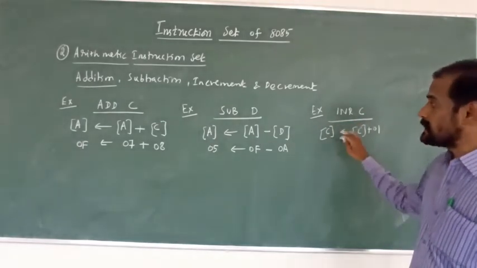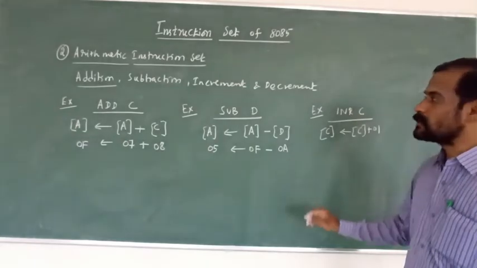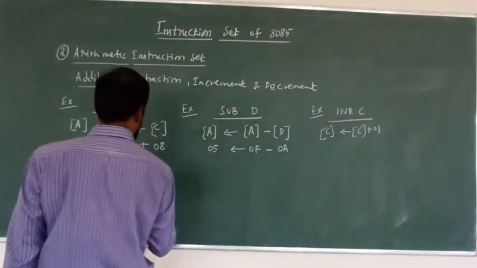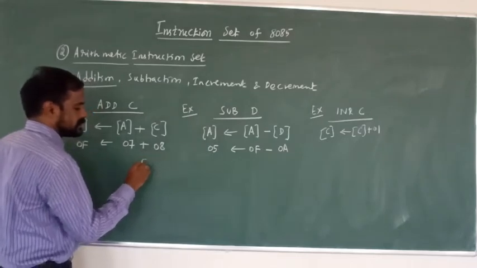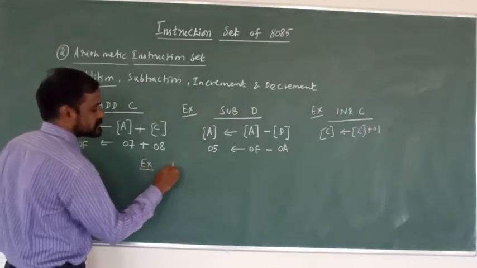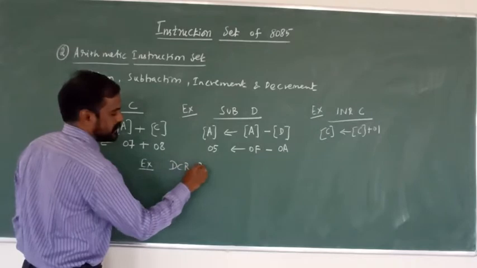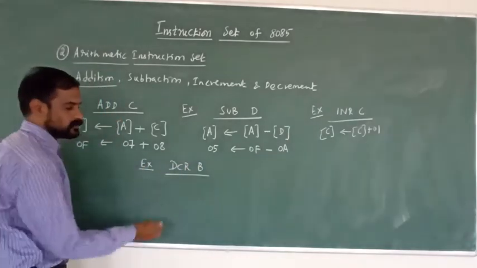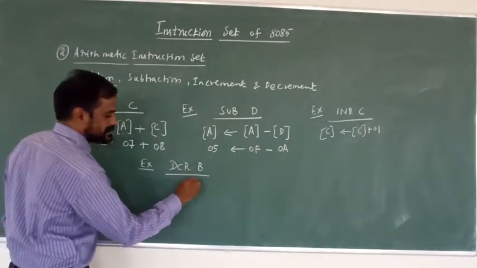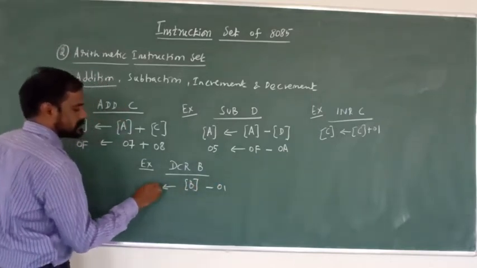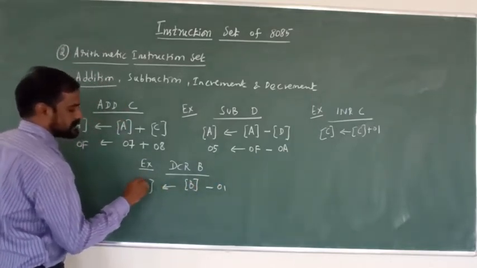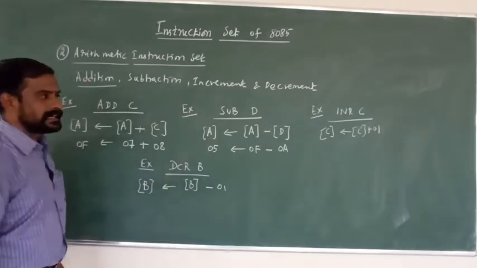Okay, this is the operation of the increment concept. And decrement means now to decrement the C register content or any register content. DCR B means now to decrement the B register content. B register data minus 01, that result moves to the same register itself.